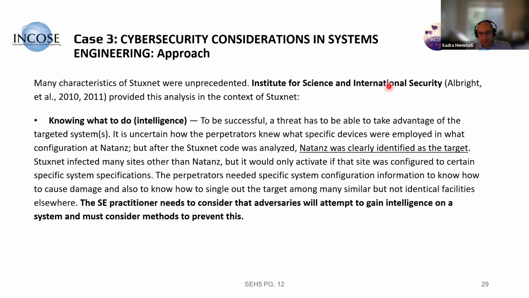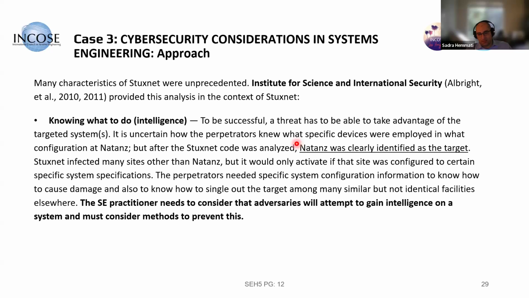The Institute for Science and International Security analyzed this, and they say for a virus to be effective, it needs to know what to do. They need to gather intelligence. After they looked into the software and the source code, they saw that they had targeted that specific location.